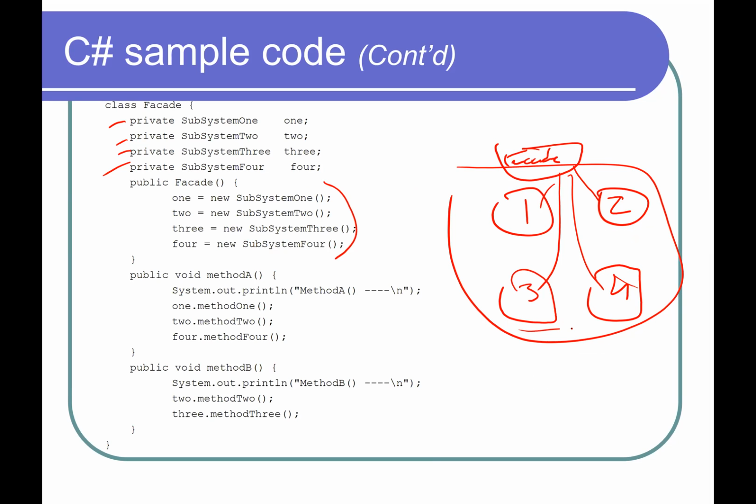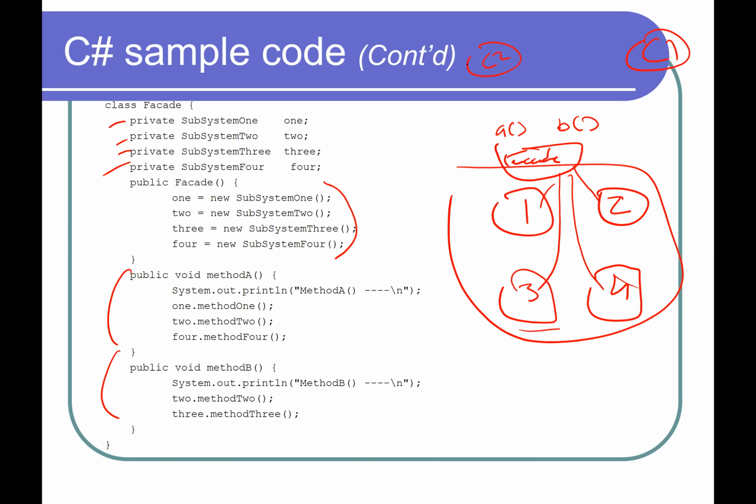So I'm going to have 2 methods available to my client: method A and method B at the facade. Client 1 and client 2 are here, and I say, Mr. Client, you can either use method A or method B. Method A will give you 1, 2, 4. Method B will give you 2 and 3.